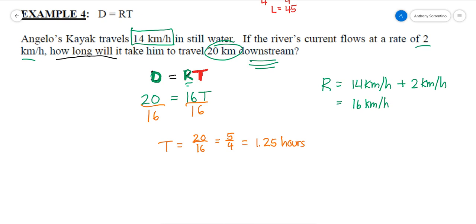And I know it's hours because we had kilometers per hour. 1.25 hours, I could also say it's 1 hour, 15 minutes, because 15 minutes is a quarter of an hour, because an hour is 60 minutes. So, I can answer any way. It's not asking me a specific way of answering it, but those are all going to be possible ways that the answer could be represented in a multiple choice if you would be given that.